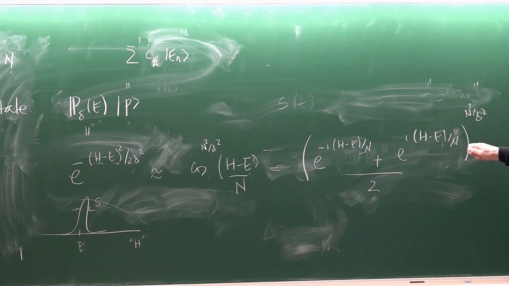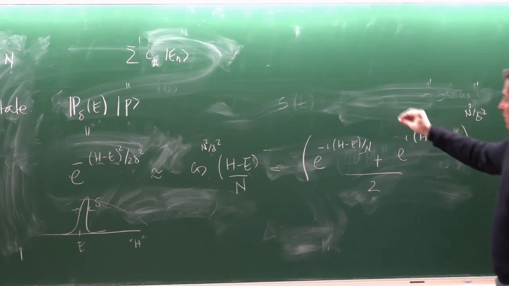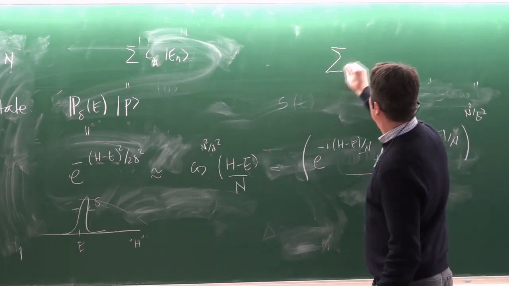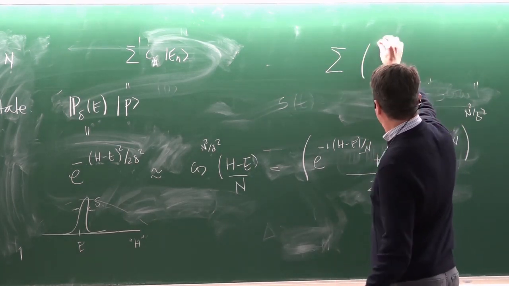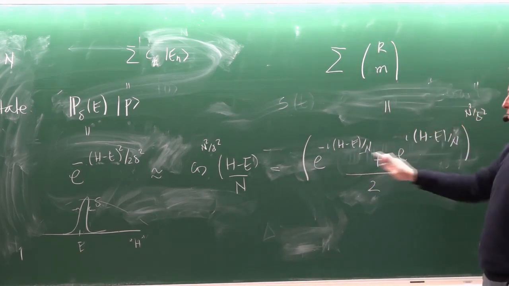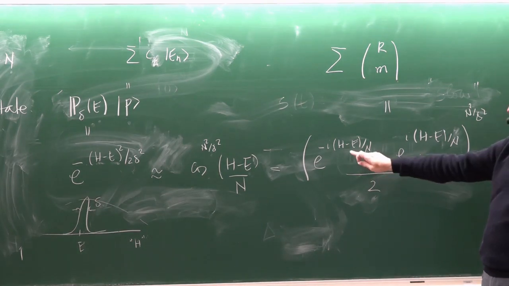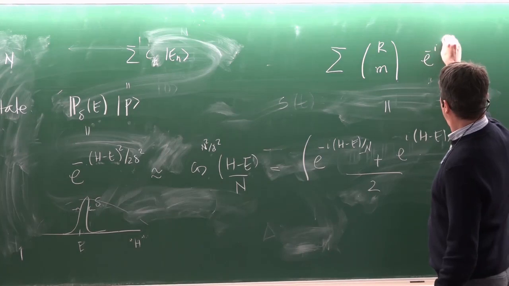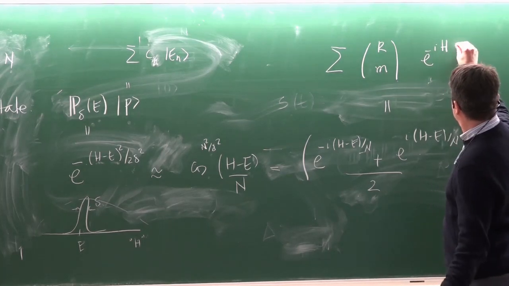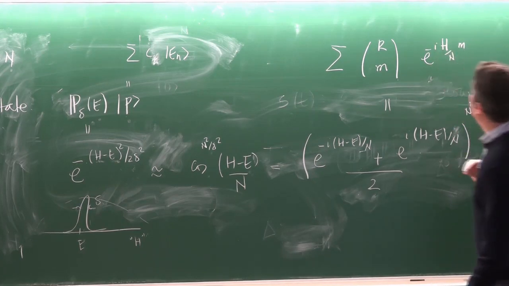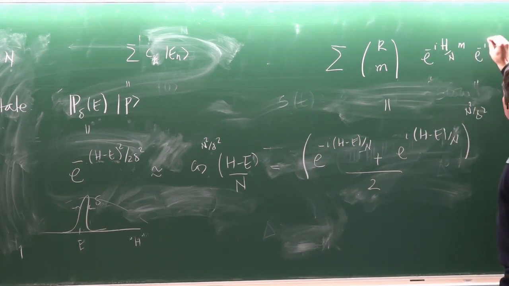Now we can expand this binomial, and this at the end will be, well, I will not write it because I don't have time, a sum. There would be some binomial coefficients, R, M, and then products of those, which are just e to the minus I H times M divided by n, and things like that.